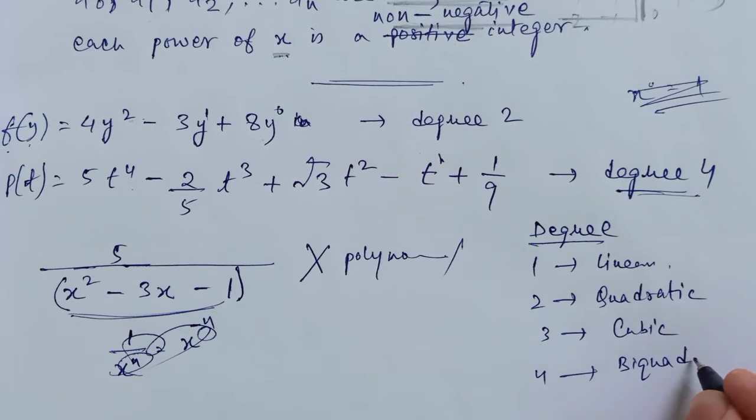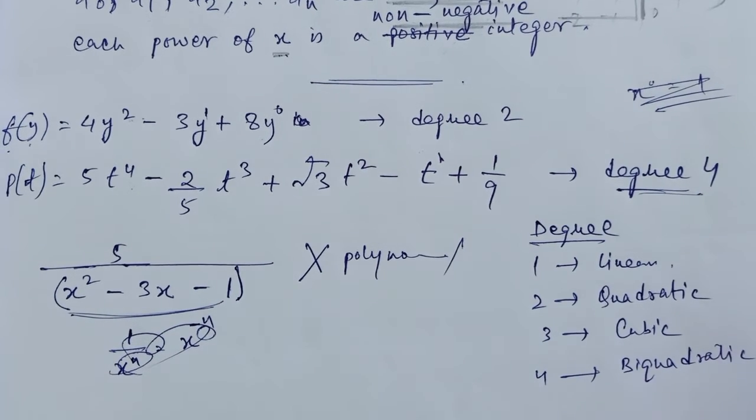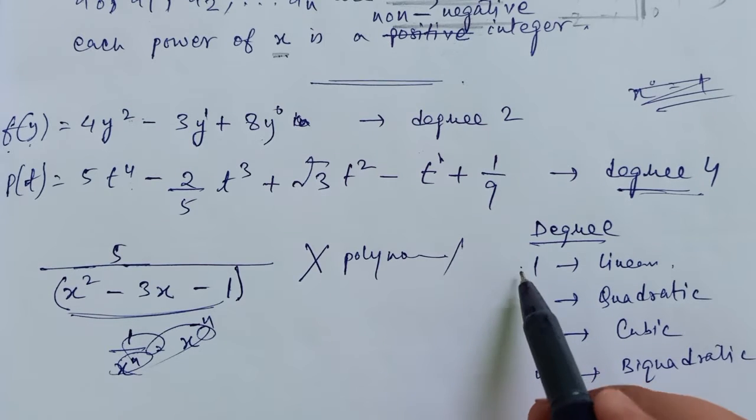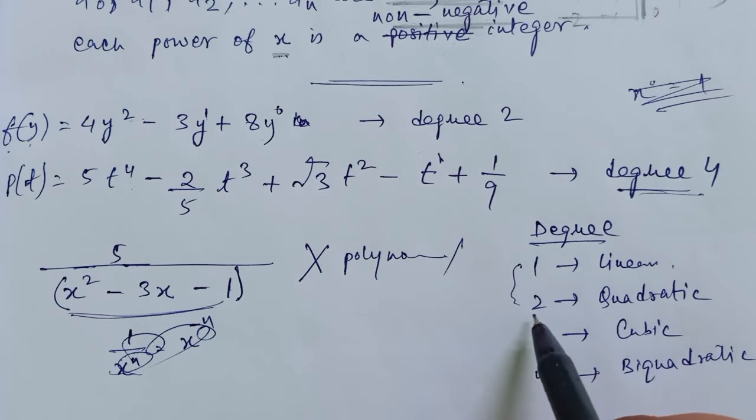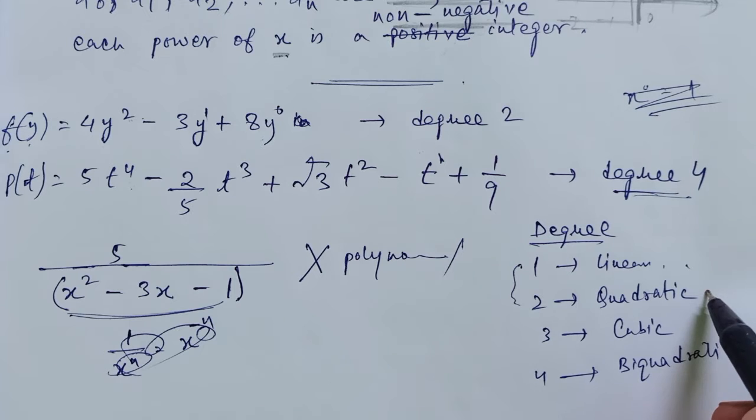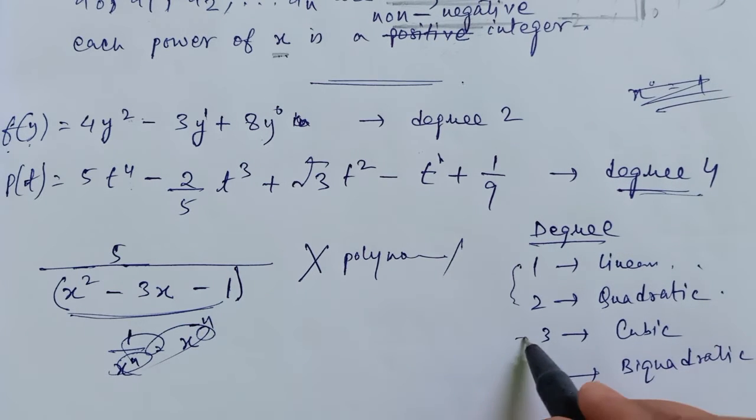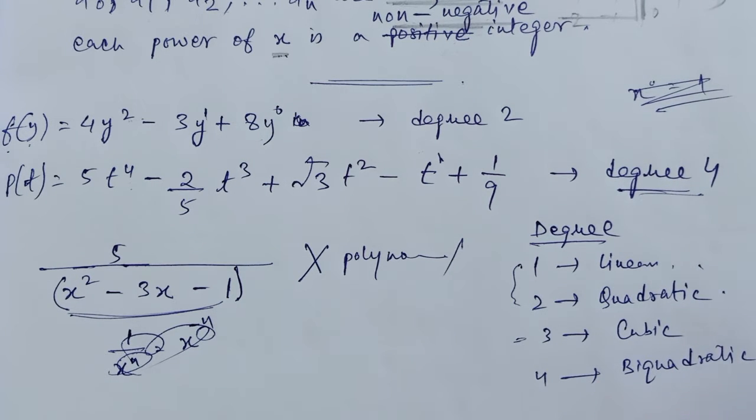In your syllabus you will be dealing mainly with first degree and second degree polynomials, that is linear and quadratic polynomials. In some cases you may find a few cubic polynomials, but biquadratic you will not get that many problems as of now.